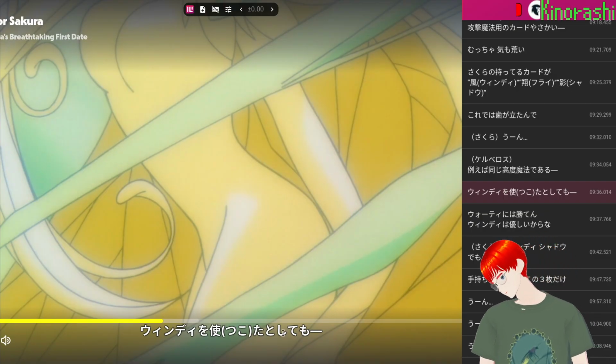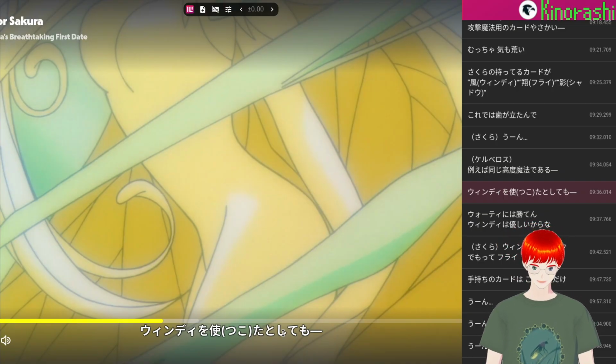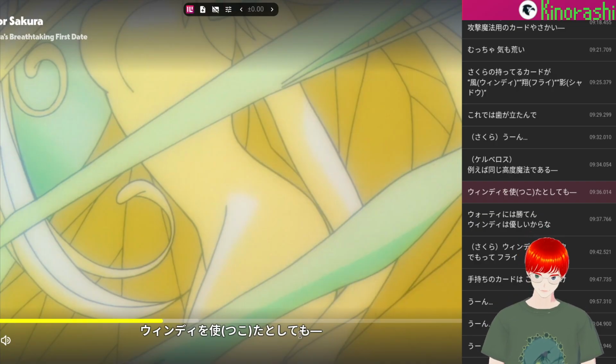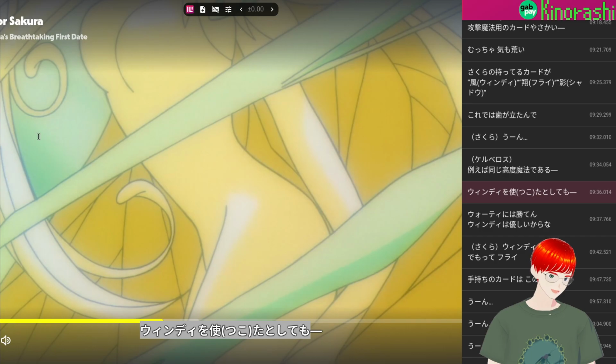So to do using Windy, because to is quoting that. And then mo gives the conditional if. So even if you use Windy, yeah, Windy o tsukota to shitemo.